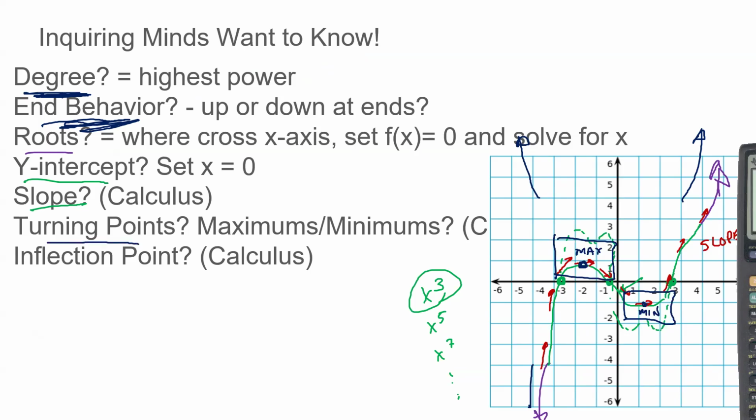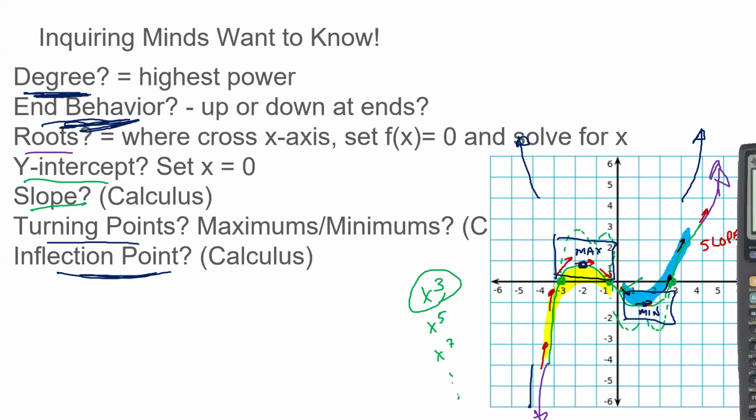The last one I'll mention here is called an inflection point. An inflection point is a place where, see how, I'm going to go to the highlighter here because we've kind of used everything up. See how for this region right here, it's kind of concave down, and for this region over here, it's bowl up.